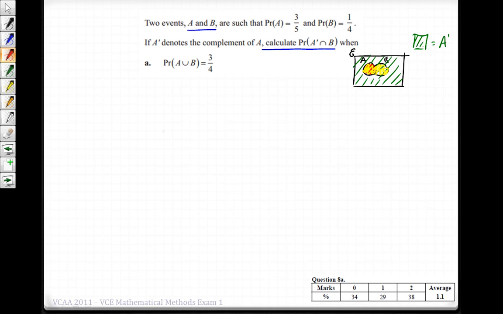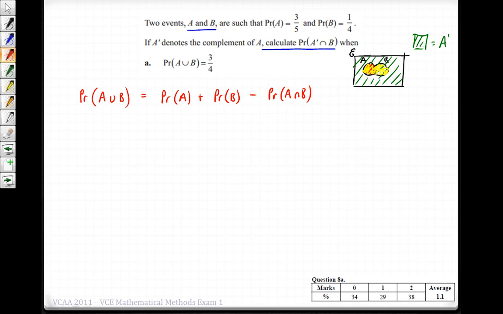So we have the addition rule of probability that says the probability of A union B, so that yellow scribbled in bit, is equal to the probability of A plus the probability of B. And we've got to subtract away the intersection, the probability of A intersecting B.